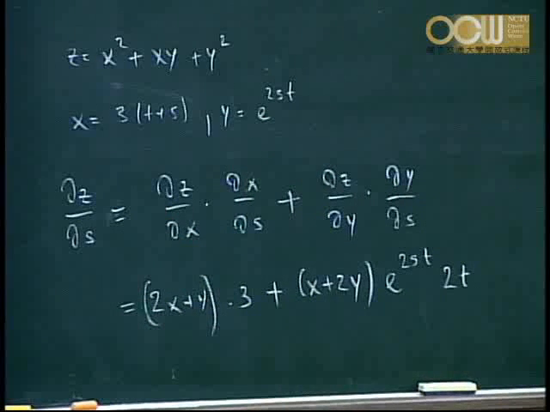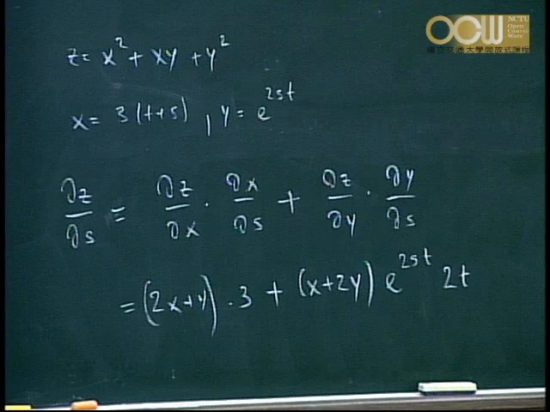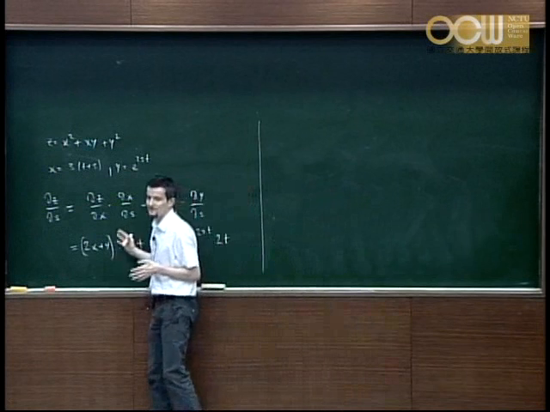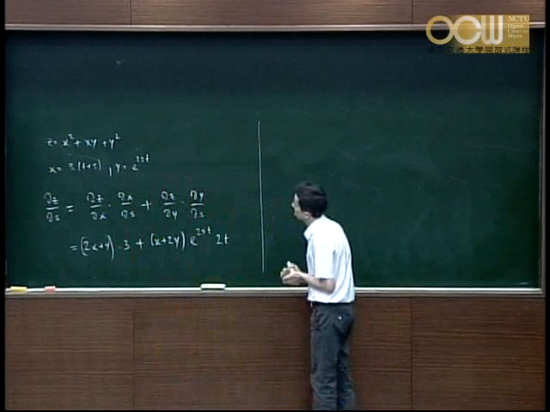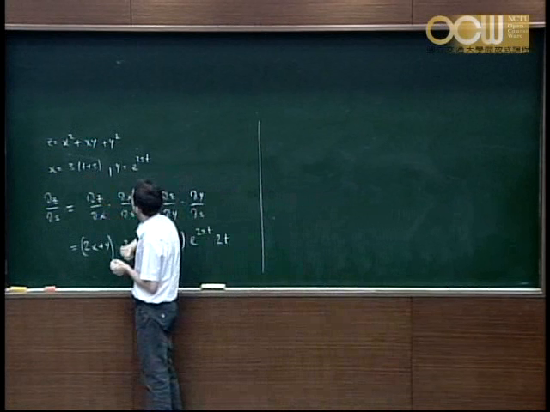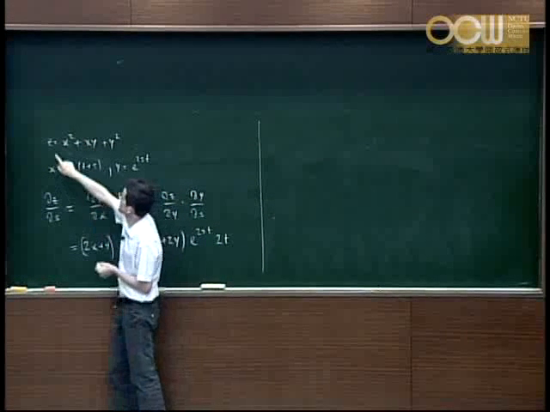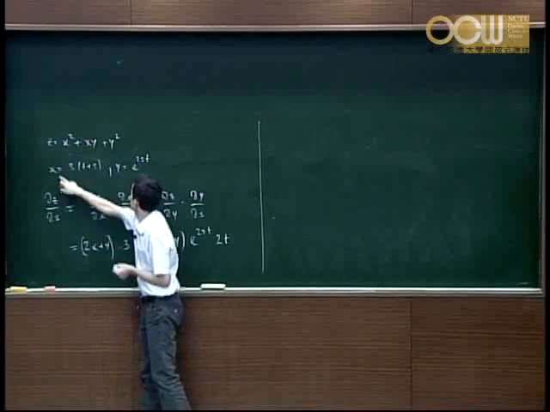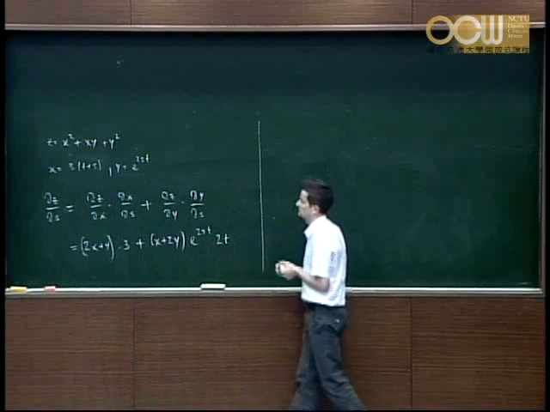Now, all those calculus textbooks give a rule for how to memorize this formula. You see that the independent variables here are t and s, the dependent variable is z, and x and y are intermediate variables.